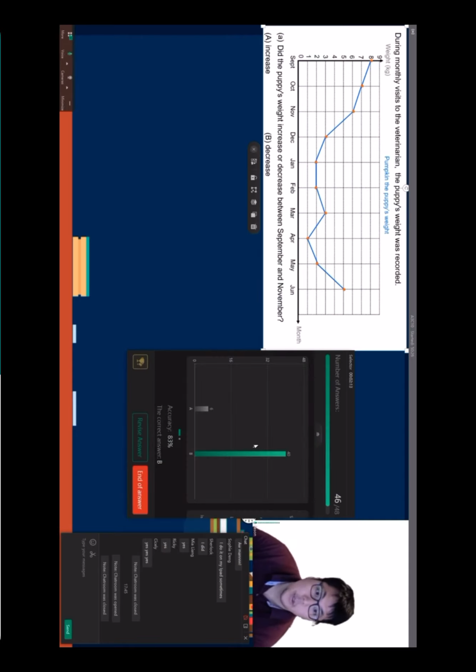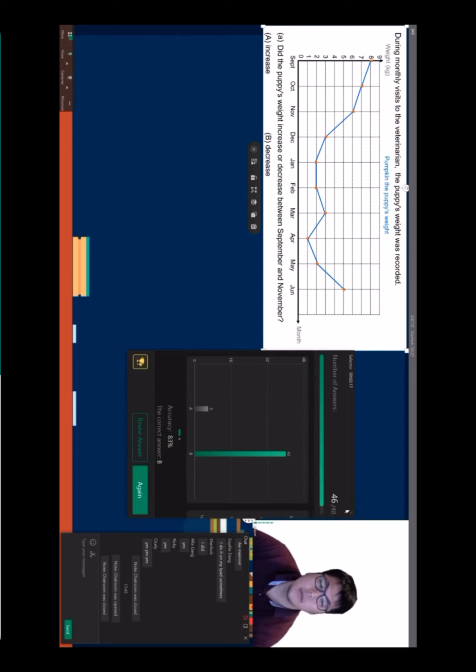All right, guys. So yes, everybody, it is going down. So it's B. We can see September and November. September is over here, and November is over here. Guys, what is happening to this line?